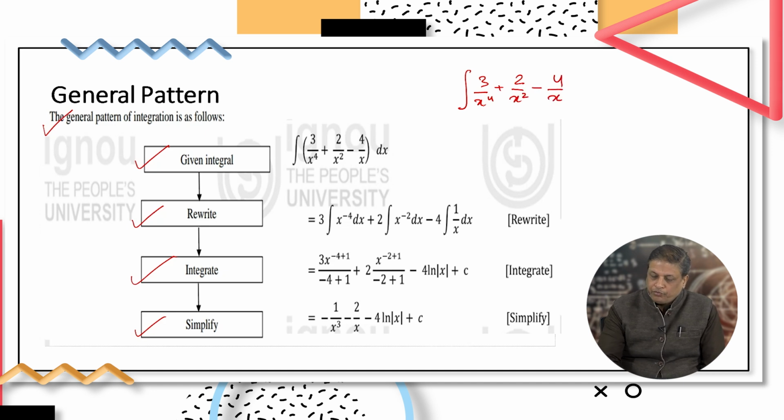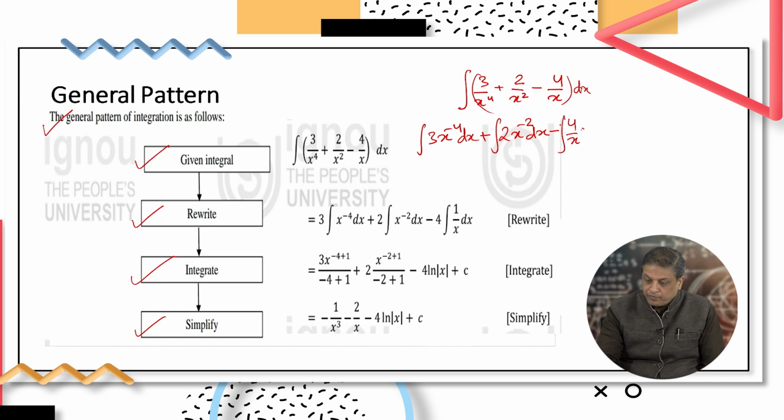Now, we can rearrange it in the format 3 into x to the power minus 4 dx. This will be rewritten as 2 into x to the power minus 2 dx minus 4 into 1 by x dx, you can say.